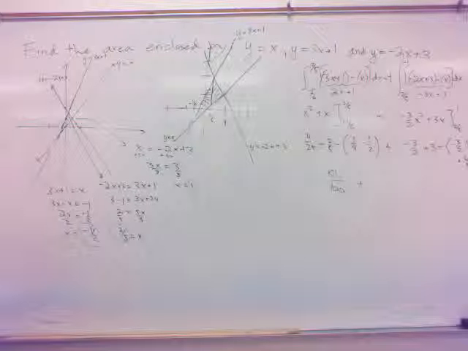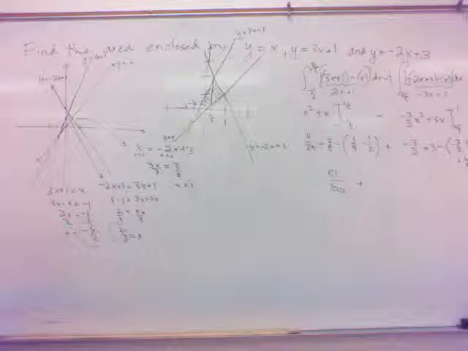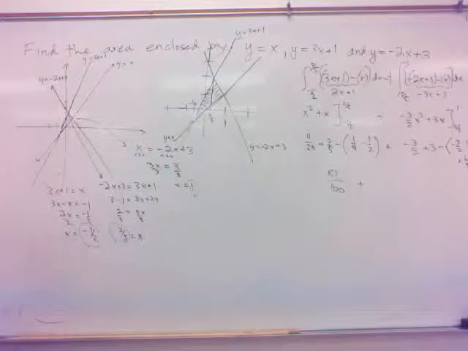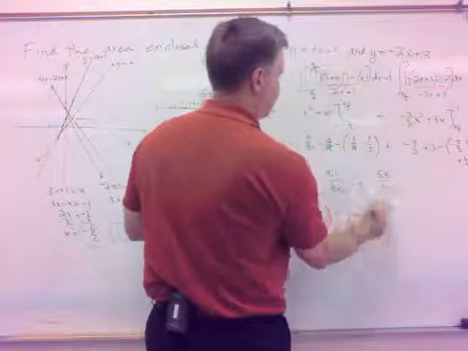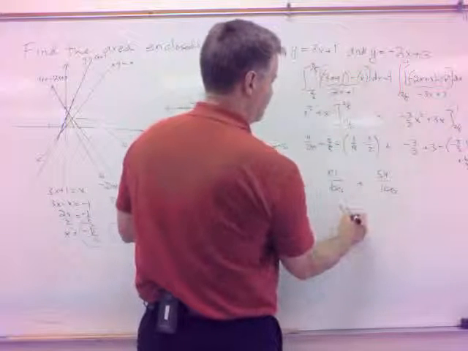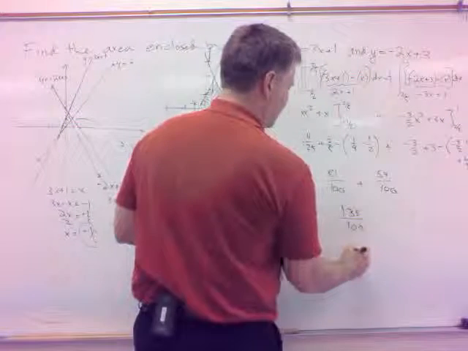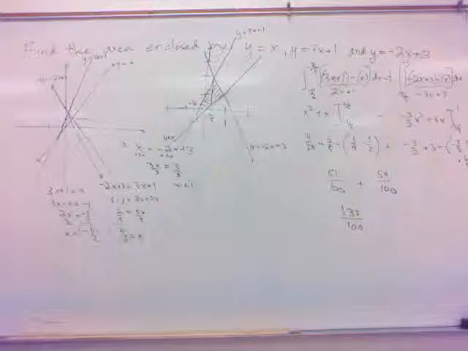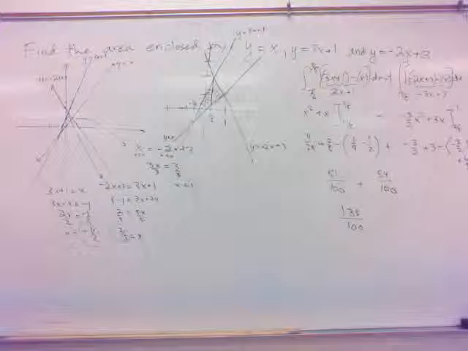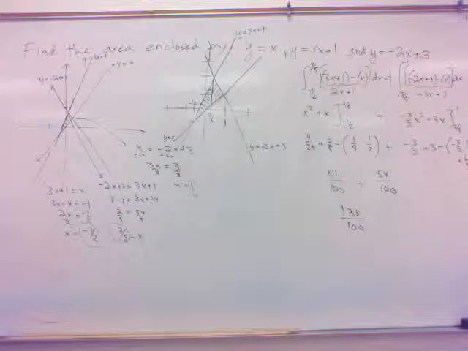Minus minus will be plus 12/50, which reduces, of course, and then minus 6/5. 0.54, 54/100. Which makes the total 135/100. 1.35, which is 27/20.